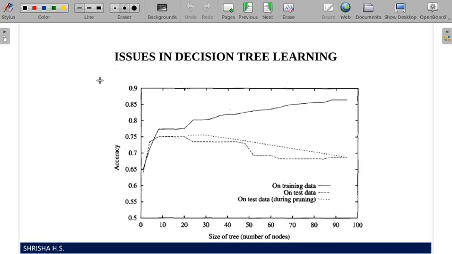So the tree is big, it has overfit the data, so we start pruning it. The pruning should be one or two branches normally, maximum. If we start pruning and cut off all the branches of the tree, what will happen? The accuracy will decrease. So that's what it is showing in the graph. So just an illustration, and also the content for your examination.